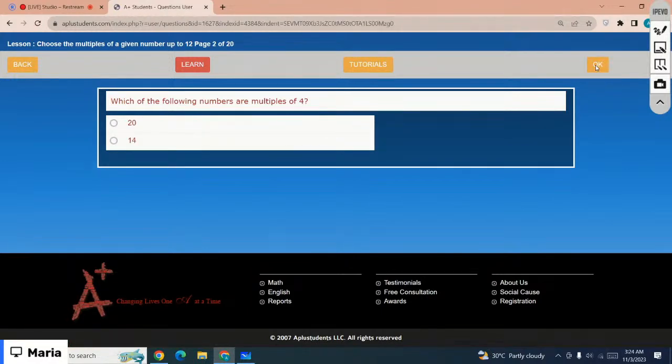Okay, which of the following numbers are multiples of 4? Which is the correct option, 20 or 14?